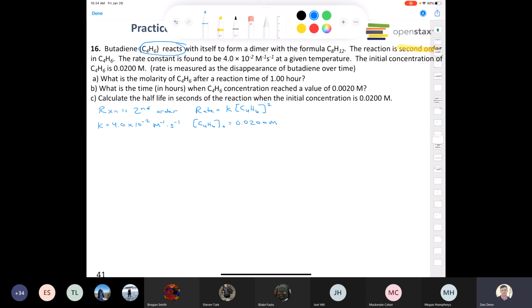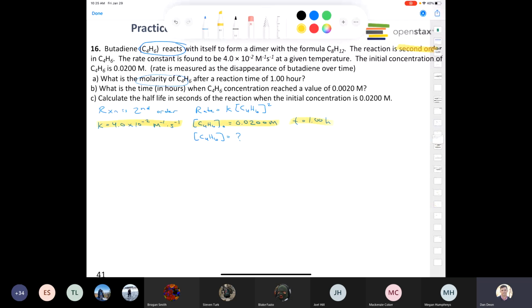And it's asking us, what is the concentration of C4H6 when we have a reaction time, t, equal to 1.00 hours.